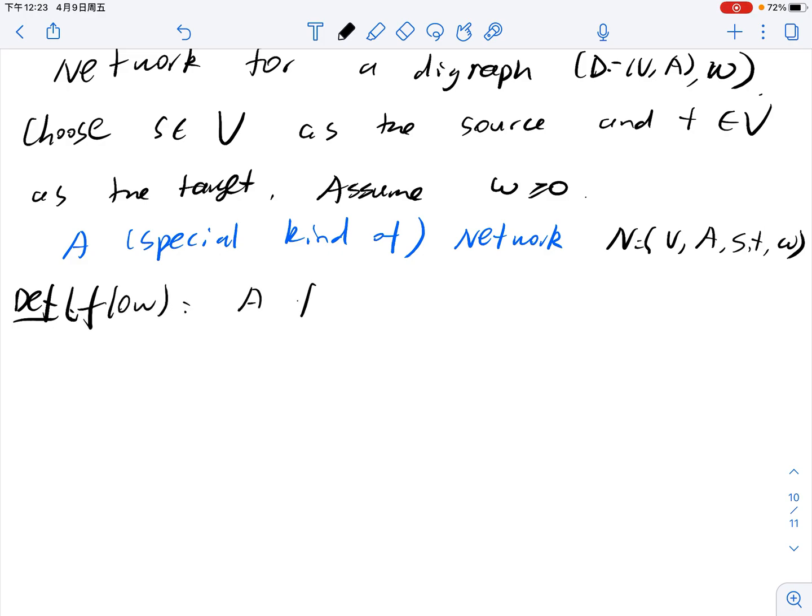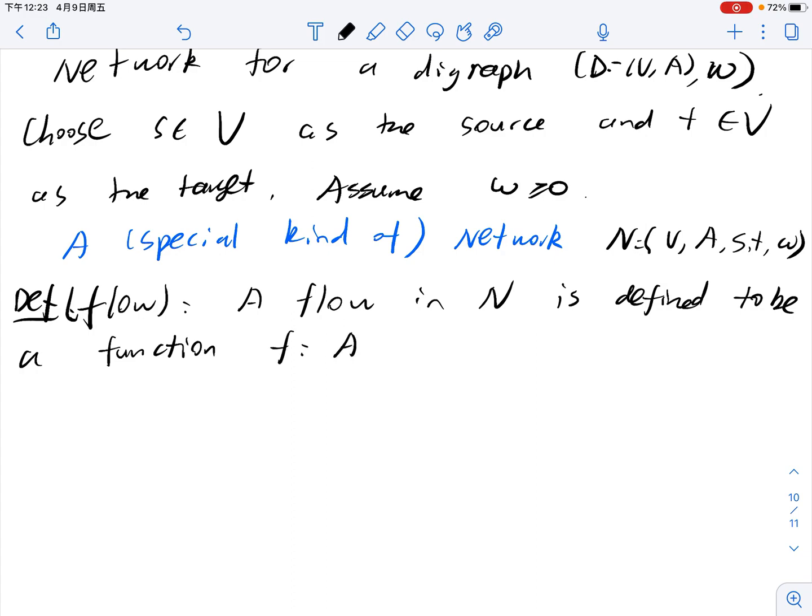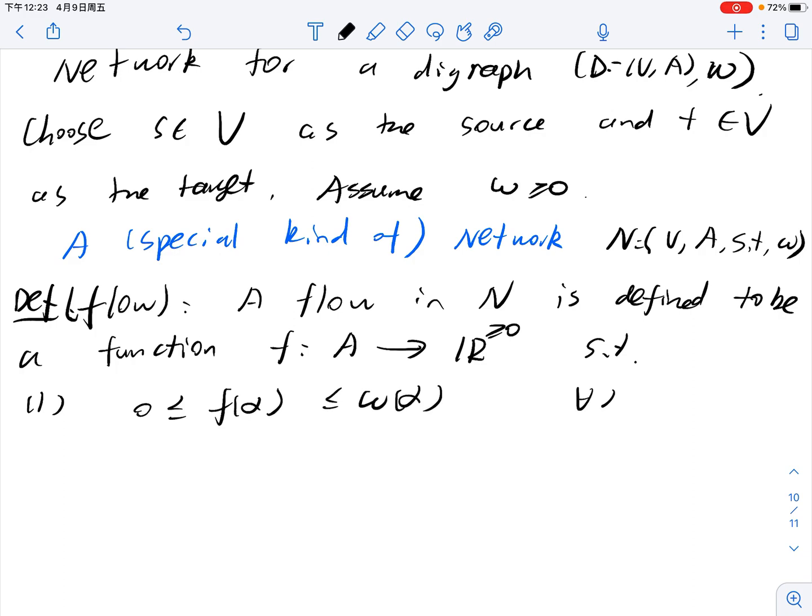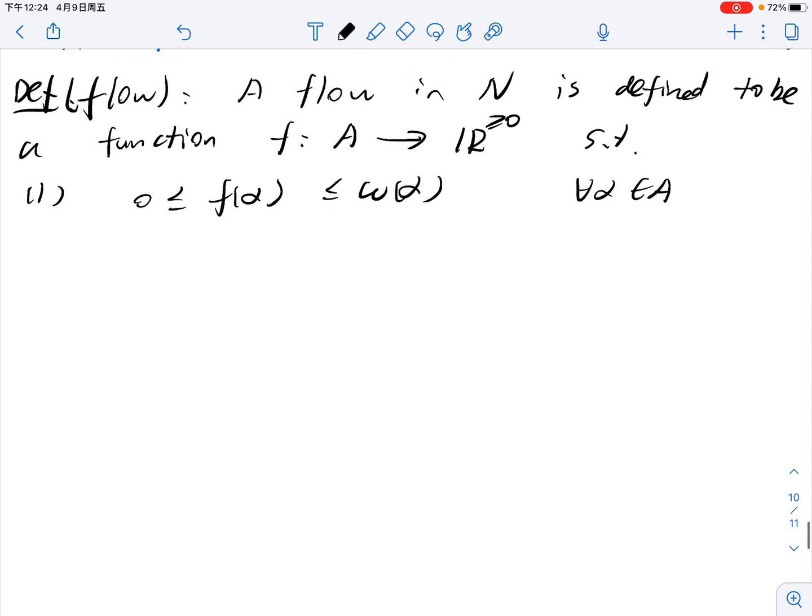A flow in N is defined to be a function f from the set of arcs to non-negative numbers, such that first, f of alpha is between 0 and omega of alpha for all arcs.